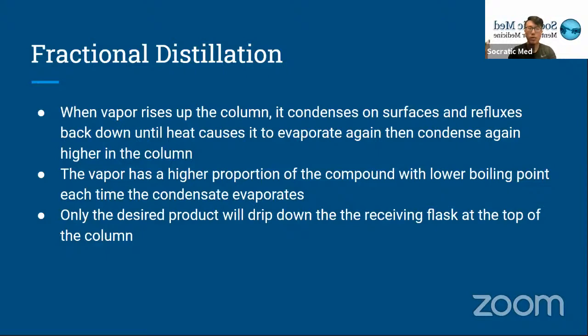This repeated evaporation and condensation is in order to separate the two liquids that have similar boiling points. The vapor has a higher proportion of the compound with a lower boiling point each time the condensate evaporates and then condenses again. This is because the compound with a higher boiling point will take longer to boil and reach the top of the fractionation column, while the compound with the lower boiling point evaporates faster at a lower temperature, so it will evaporate more and condense higher in the fractionation column.